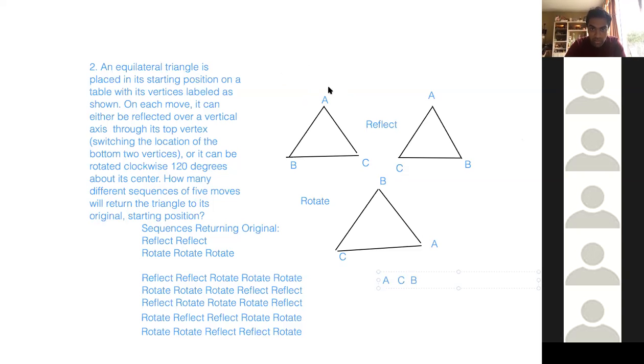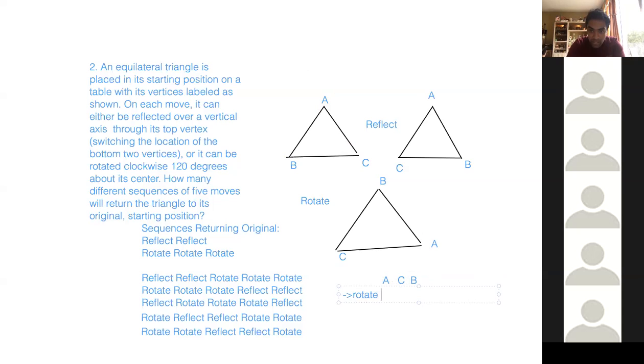So think about this first one, ACB. So I'm reading clockwise, ACB. So now let's say the first move. So I think the most recent suggestion is rotate, reflect, rotate, reflect, rotate. Let's try that out. So if we rotate, what do we get first?